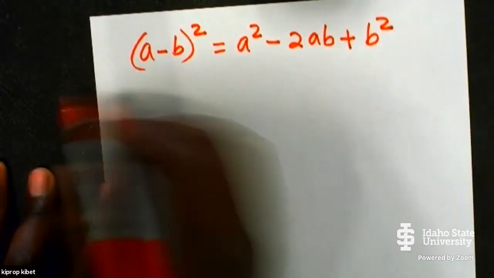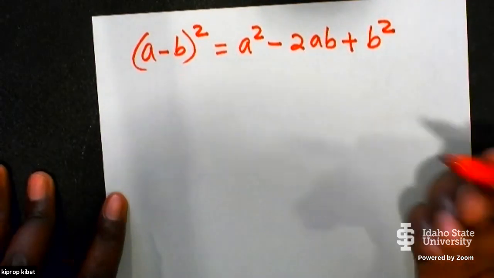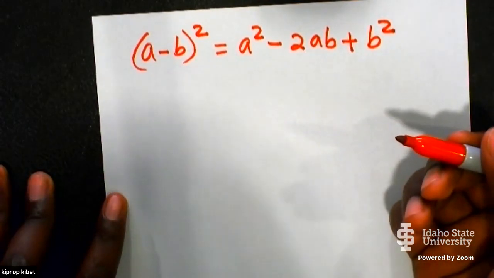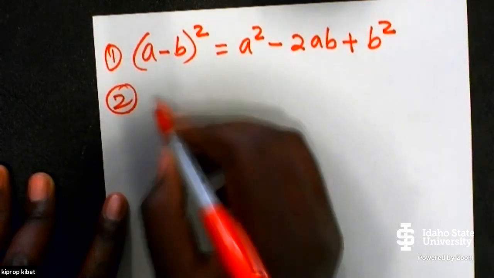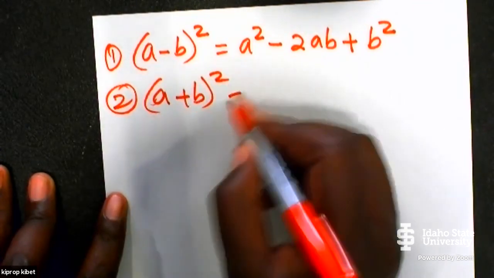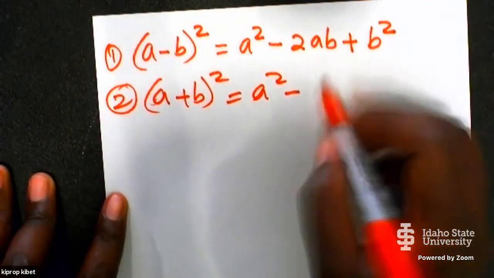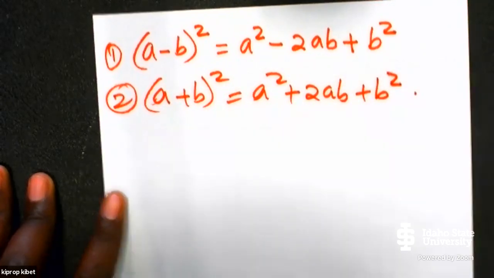So we have 3 perfect squares. We have the first one, which is the difference of squares, and then we have this, and we also have number 2, which is A plus B squared, which is equal to A squared plus 2AB plus B squared.